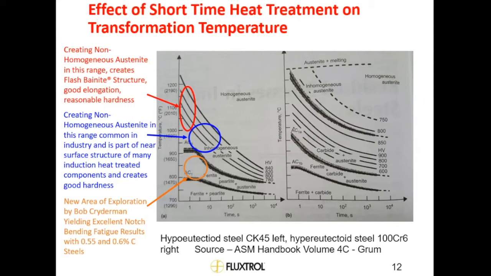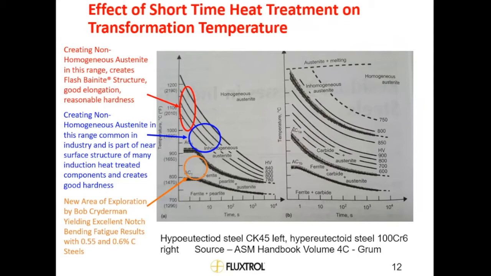You can also see in this curve that both AC1 and AC3 tend to rise as time gets shorter. You can also see the temperature for the homogeneous austenite rises greatly. So whereas in the furnace you're almost always trying to get into that homogeneous austenite zone, with induction we are typically working in the inhomogeneous zone.